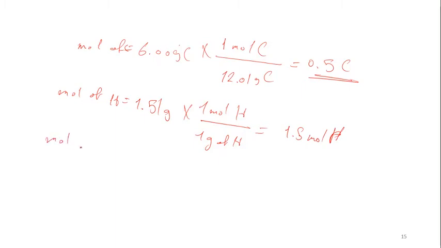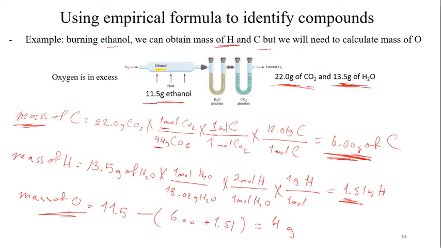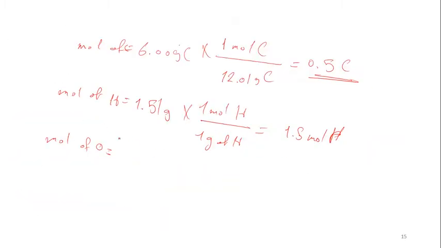And moles of oxygen would be equal to the grams present in the 4 grams multiplied by, if I know that there are 16 grams of oxygen in each mole. This means the number of moles would be equal to 0.25 moles oxygen.